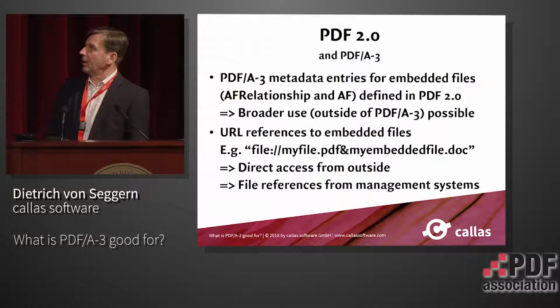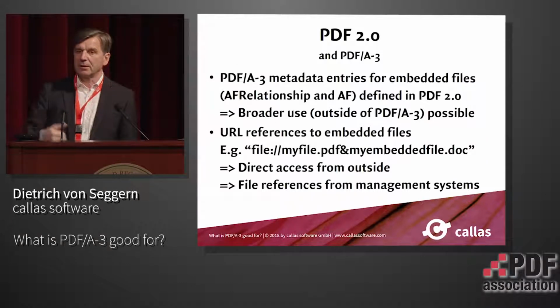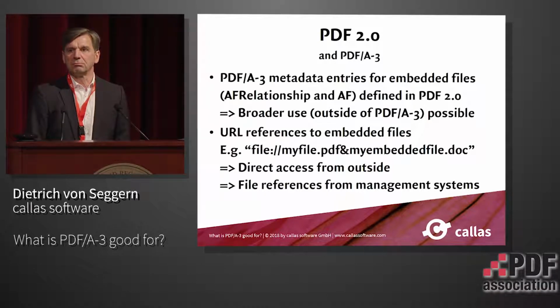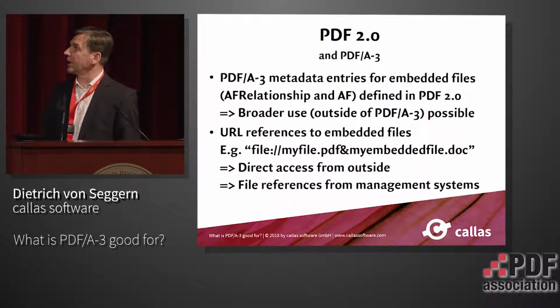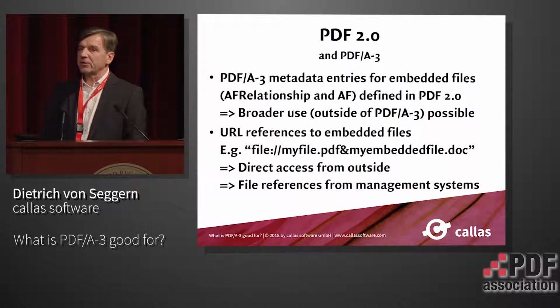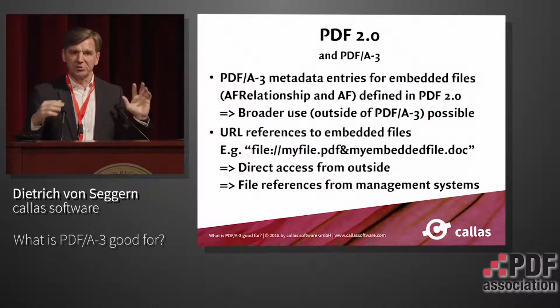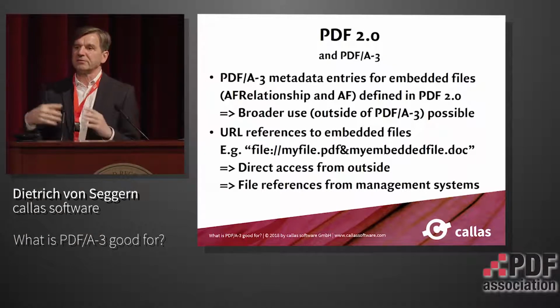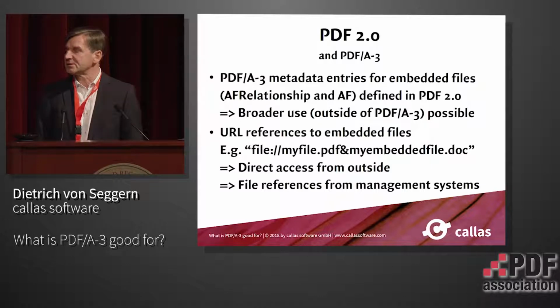A little more on the technical side, another slide. Matt already mentioned that we got PDF 2.0 just half a year ago, when it was published. And actually, ISO decided that all the metadata that the PDF A committee invented for PDF A3 is a good idea.